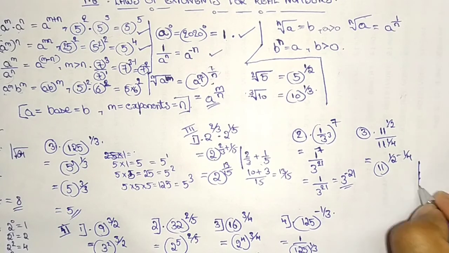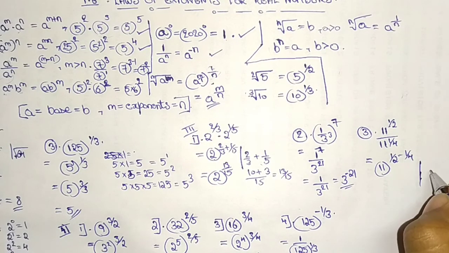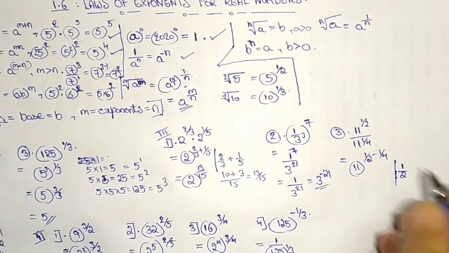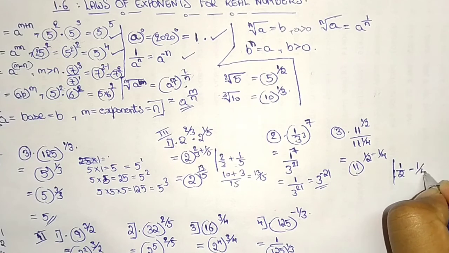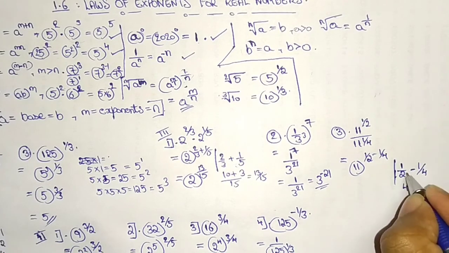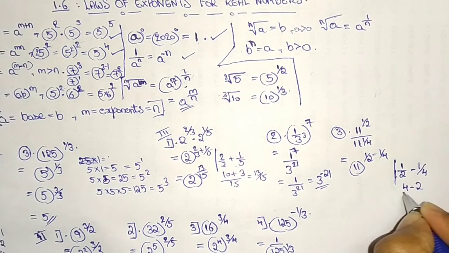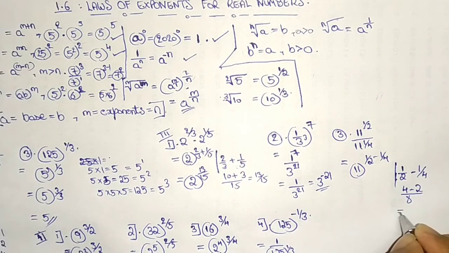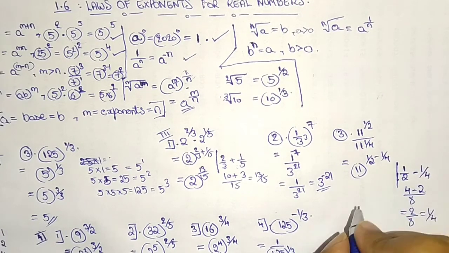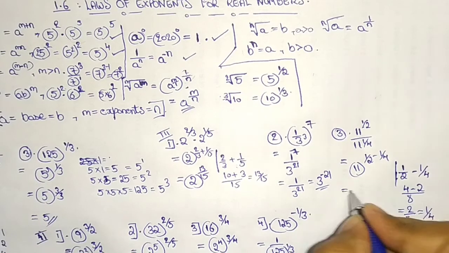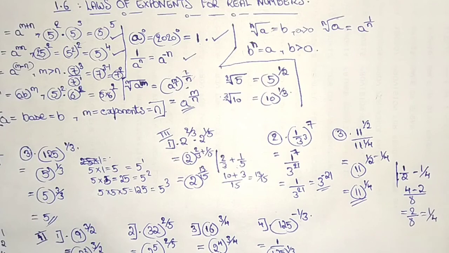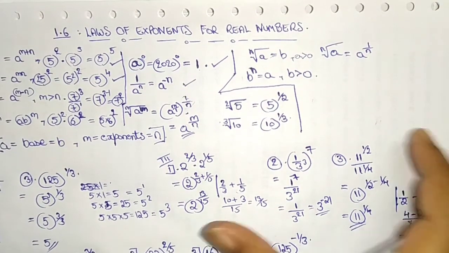Take a reference, 1 by 2 minus 1 by 4. 4 ones are 4, 2 ones are 2, 2 fours are 8, 4 minus 2 is 2, 2 by 8 going to be 1 by 4, and this is going to be 11 power 1 by 4. This is your answer.